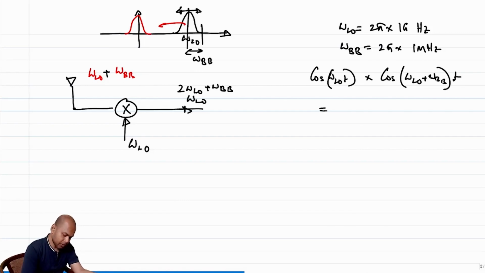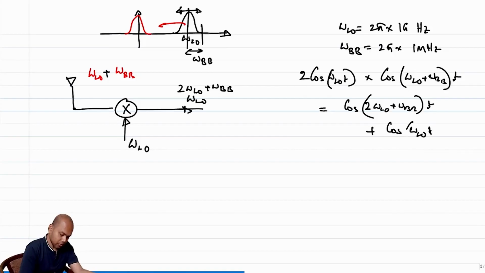So this becomes, if I say 2 cosine, just to make life simpler, I know that this identity is nothing but cosine (2 omega LO plus omega BB) t plus cosine omega BB t, right? So I am getting two cosinusoids, so basically signals of 2 omega LO plus omega BB and omega BB. Sorry, I made a mistake here. This should be around omega BB, right?